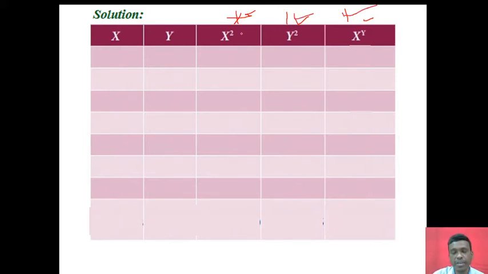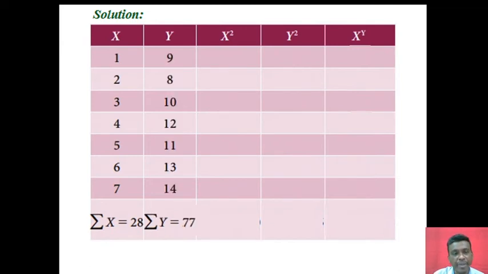So let us begin. First step is we copy whatever they have given us in our table, x values, y values, and we add them up. So summation x, once you add up all these values you will get 28. Once you add up all y values you will get 77.